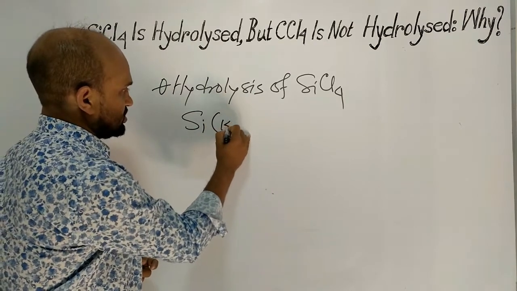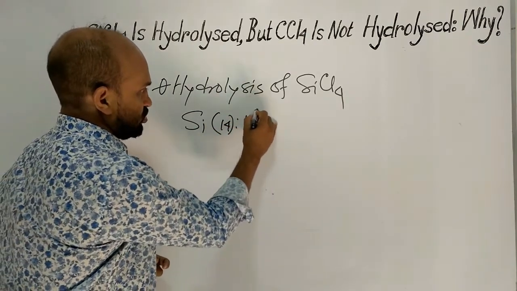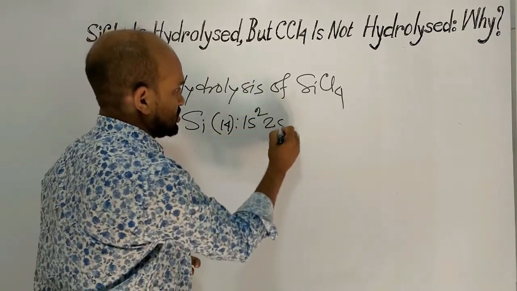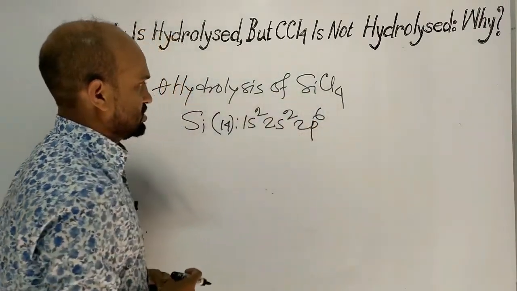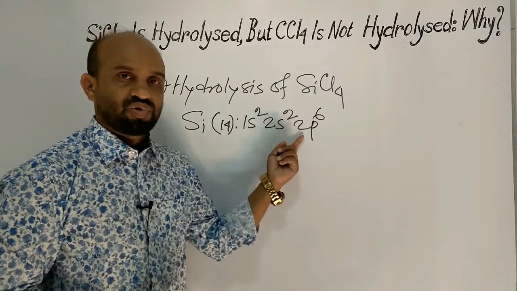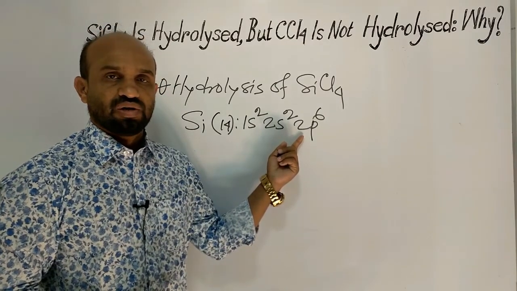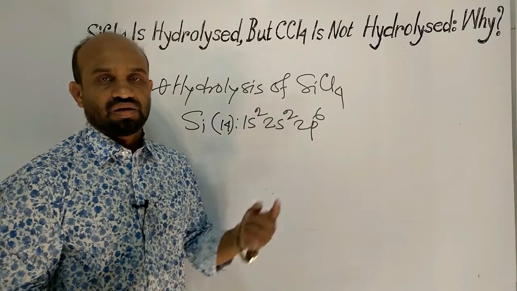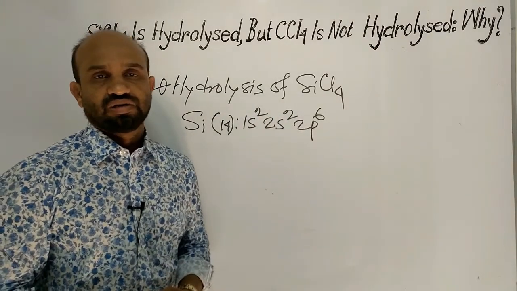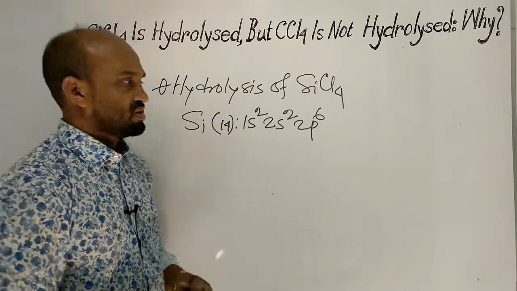Silicon 14: 1s2, 2s2, 2p6. Up to the 2p orbital, 10 electrons have been arranged. Another 4 electrons enter the third orbit.